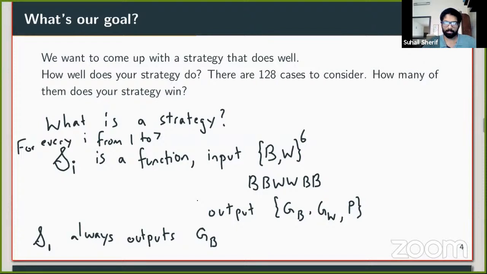2 by 3 chances that S1 will be right. Sorry? Why is it 2 by 3? Based on the probability, as the others, 4 people have black caps. So we don't actually know how many black hats and white hats there are.